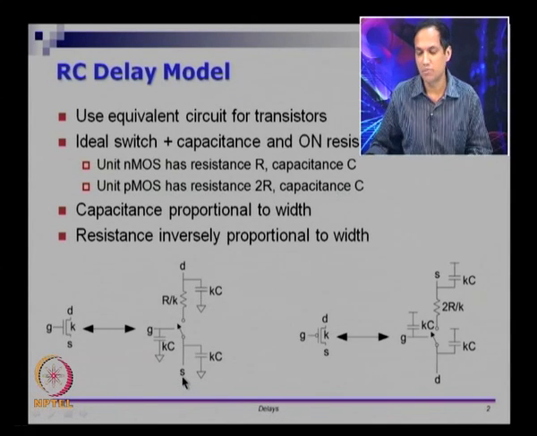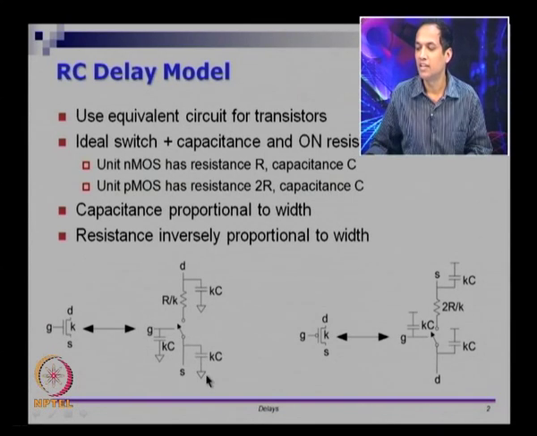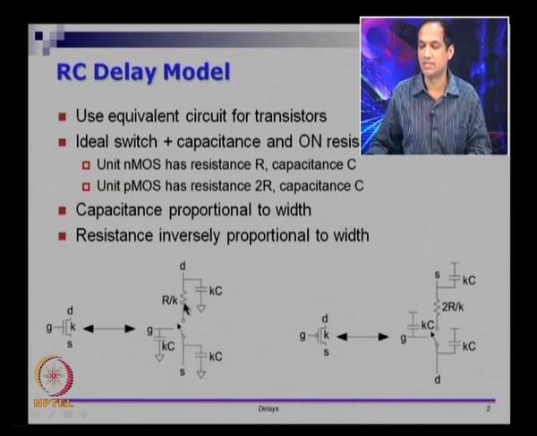Similarly, I have some capacitance between source and substrate, and I will have them here. So we have three different capacitors, and I am also going to assume that this is an electrical circuit, so it has an equivalent resistance. I am going to assume that there is a resistance.